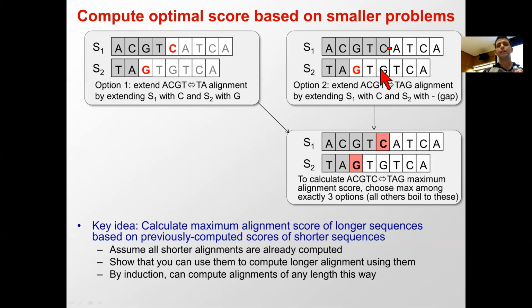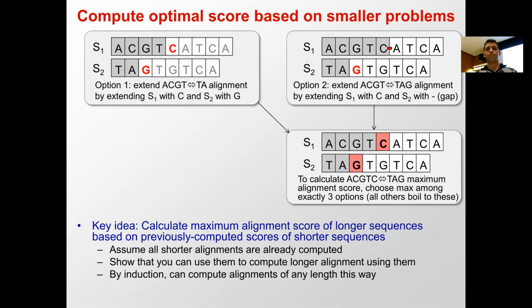This is still a smaller subproblem. I'm basically now building on this 5 long prefix versus 2 long prefix, and then adding the cost of a gap to whatever maximum score I had for the previous sequence. Okay? Who's with me so far?